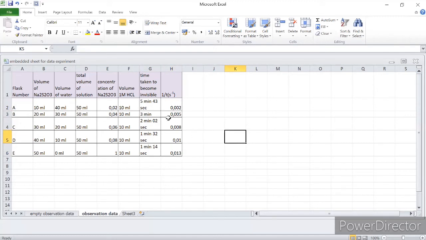Because we already know the result of the data, we can make the graph between the concentration of sodium thiosulfate and the time.